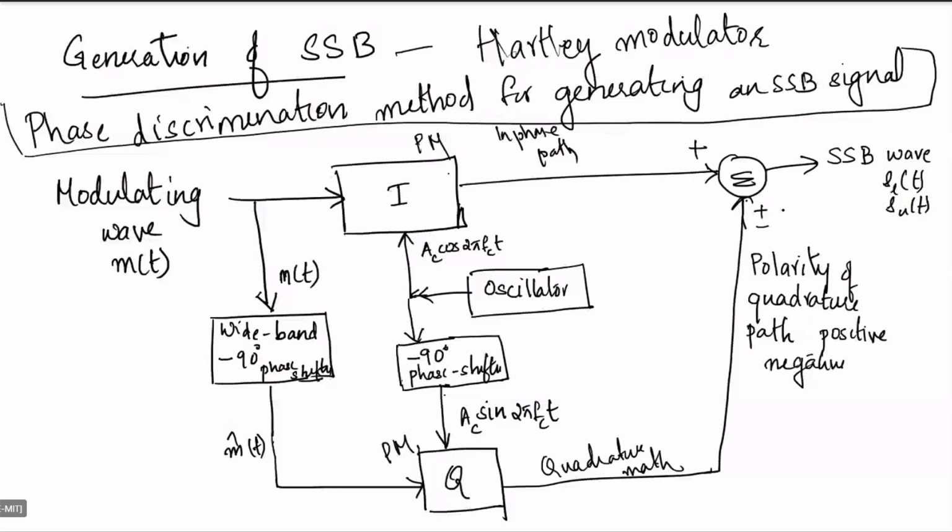If it is plus, it gives the lower sideband, and if it is minus, it gives the upper sideband. This is the phase discrimination method for generating an SSB signal.